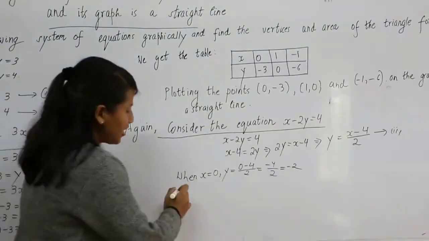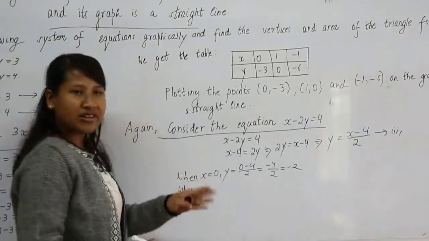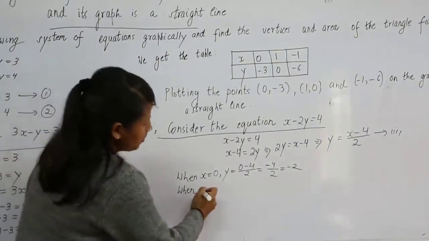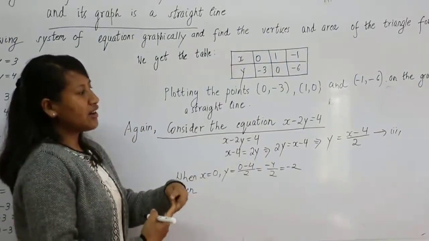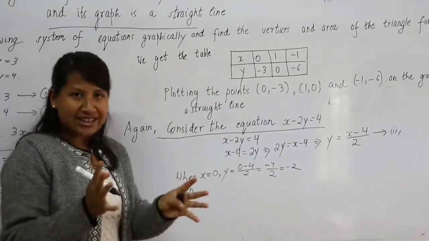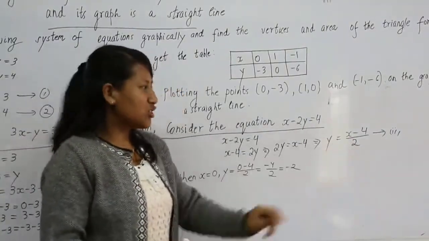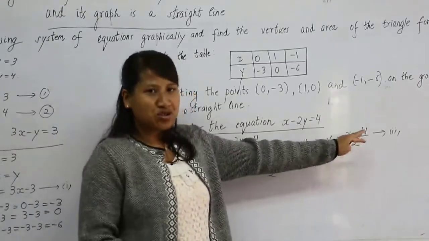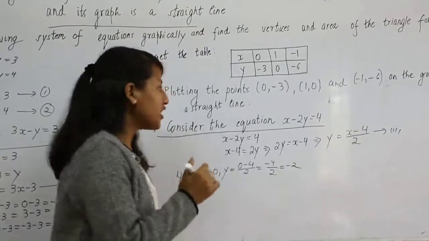It is quite fine to plot in the graph. But if you want to choose a number where you exactly get an integer, then you can choose another one. For example, if I take 2, 2 minus 4 is minus 2 by 2, you get minus 1. So minus 1 is very easy to plot.